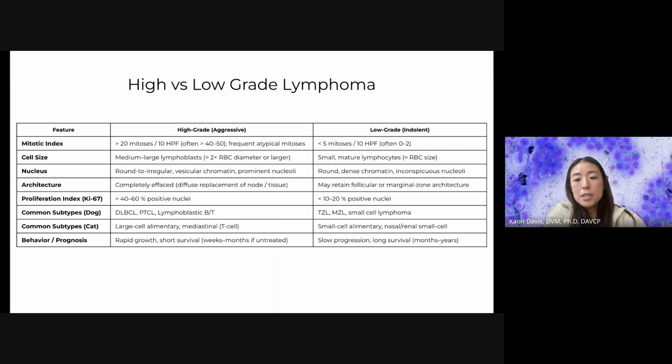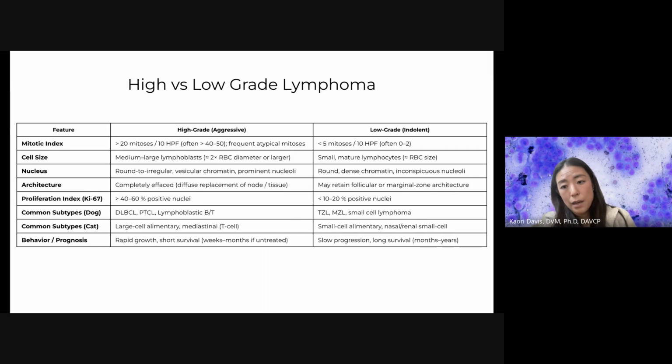In dogs, some of the common subtypes of high-grade lymphomas are diffuse large B-cell lymphoma, peripheral T-cell lymphoma, and also the lymphoblastic lymphomas. And some of the common low-grade lymphomas are T-zone lymphoma, marginal zone lymphoma, and also the small cell lymphoma.